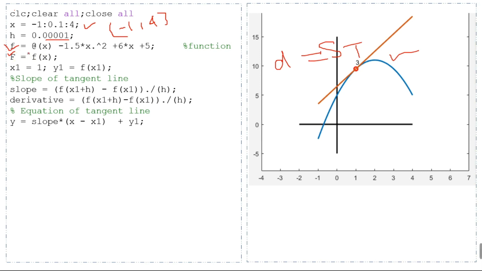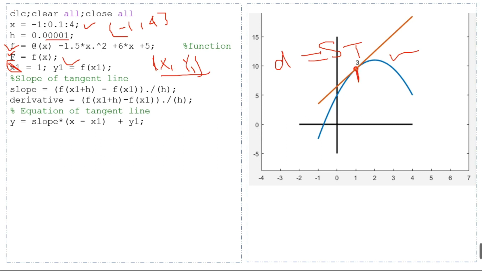We evaluate this function at x, and here we have to find the derivative at this point x1, which is equal to 1, and the corresponding value at x1 will be y1. This point x1, y1 is the point on which we draw a tangent line.